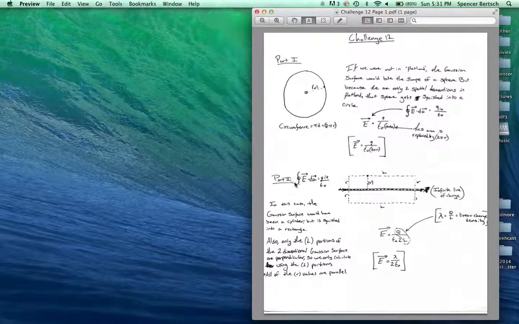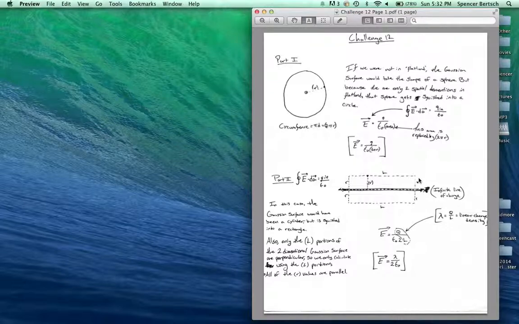Part 2 is similar to part 1, because the Gaussian surface is squished, and it's a line of charge that is infinitely long. But if you think about one section with length L and distance r away from the line of charge, it would normally be a perfect cylinder with the line of charge going straight through the center, and every point on the surface of the cylinder being that distance r away.